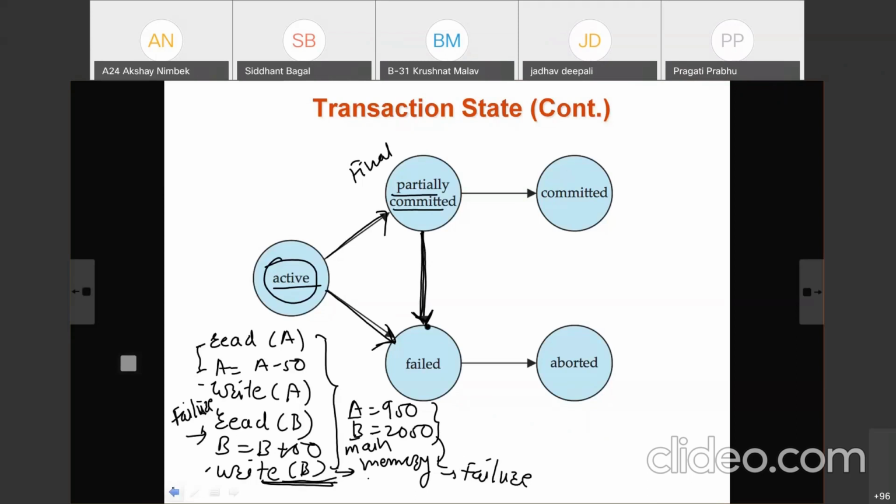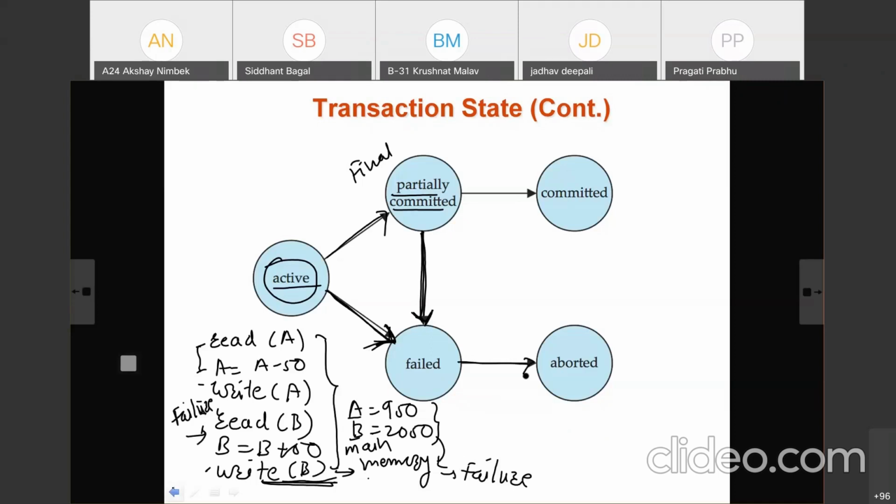And during the execution of this transaction, these 6 instructions are there. If any kind of failure occurs in between, then the transaction moves from the active state to the failed state, meaning the transaction can no longer proceed with its normal execution. So once it has entered the failed state in both the cases, then we say the transaction is aborted. What does it mean that the transaction is aborted?